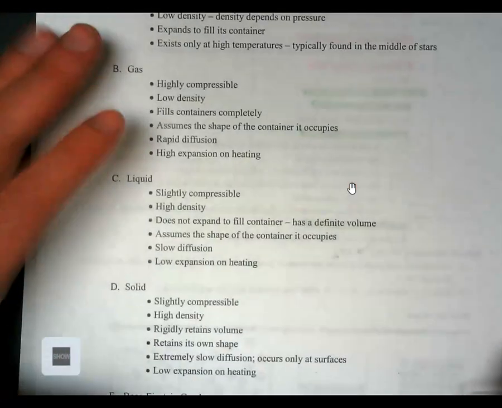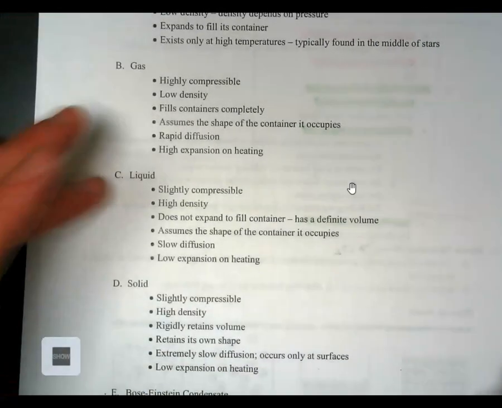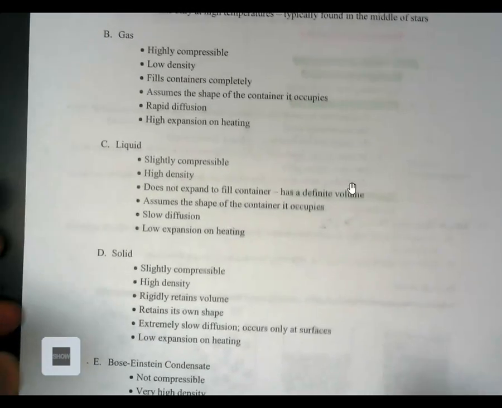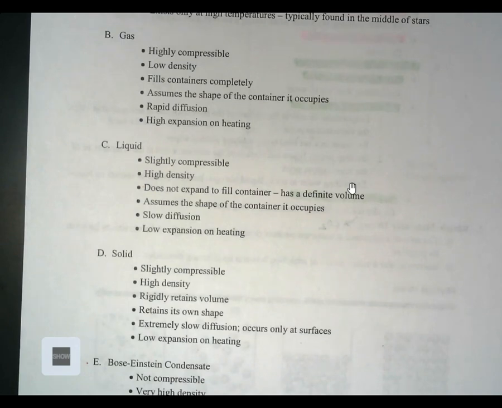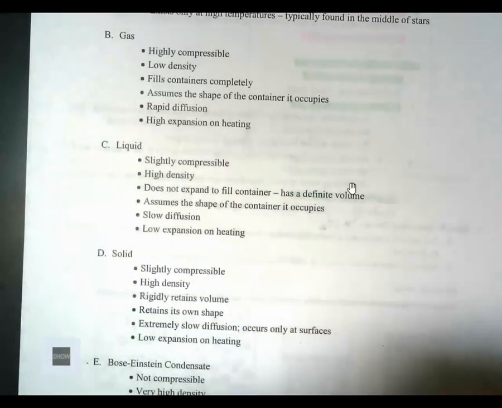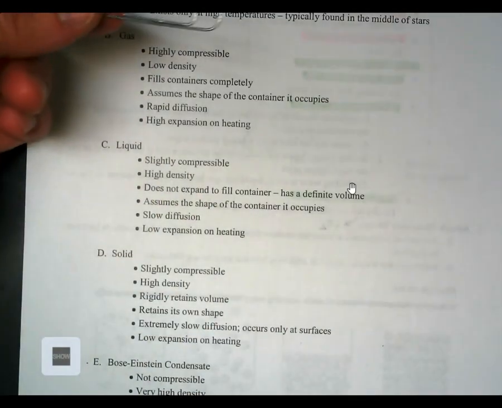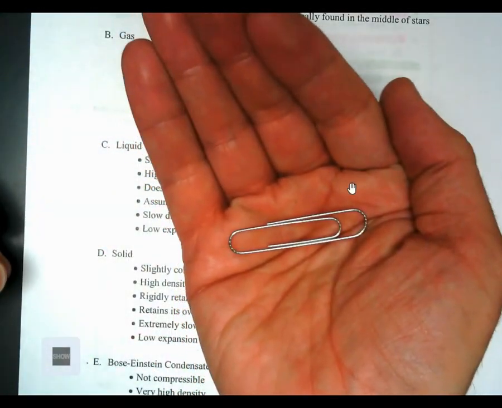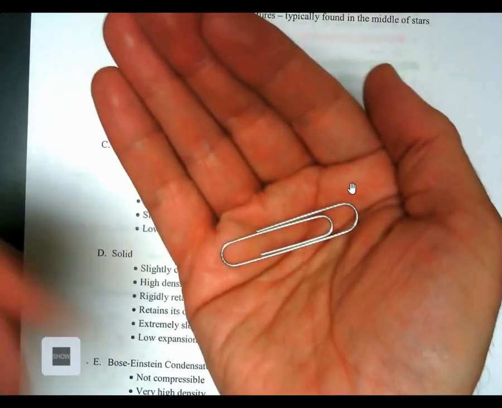And then we have the three that you're probably familiar with: gas, liquid, and solid. They're categorized, or the difference between them is told, on two factors: volume and shape. For example, if I have this paper clip, which is a solid, and I put it in my hand, it still is in that shape and taking up that amount of space.